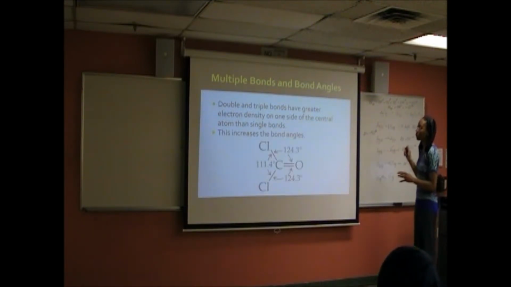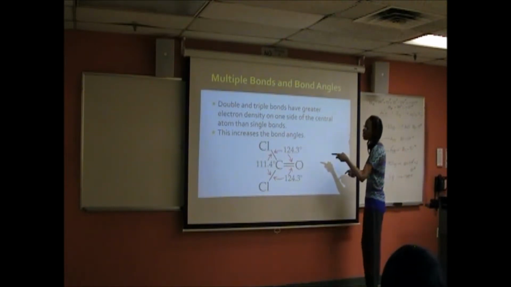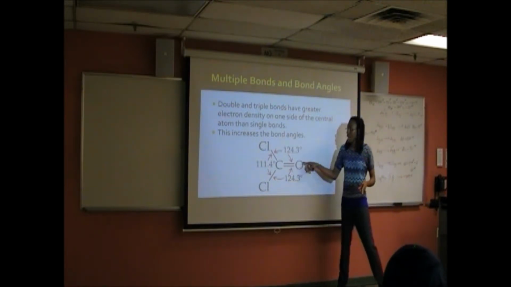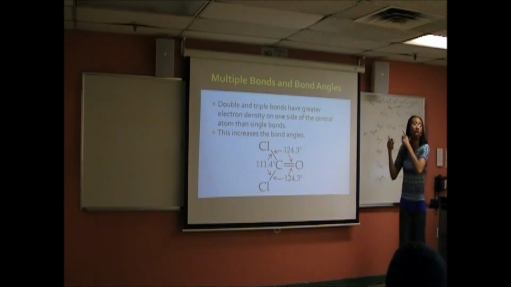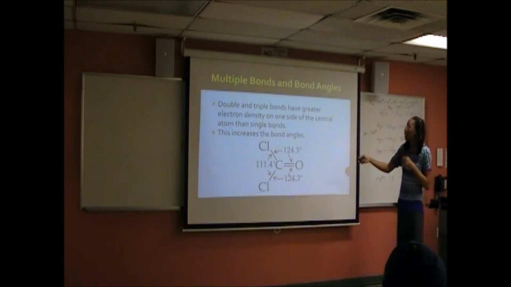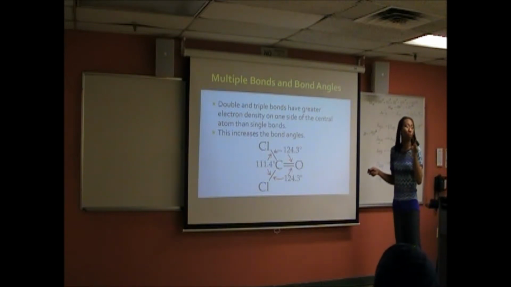So here, for example, you have 3 atoms bound around the central atom. This puts you in the trigonal planar family. The angles for trigonal planar are 120.